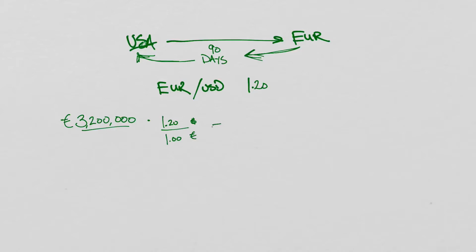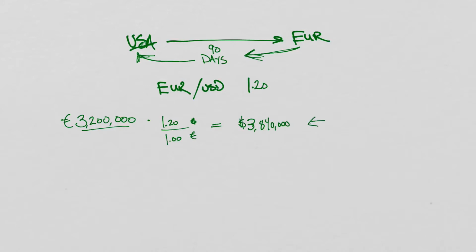Which sounds great, but the problem is that the company is getting paid in euros, and so they're getting paid in a weaker currency. And how much are they going to receive then? They're going to receive, in dollar terms at the end of 90 days, 3.84 million.